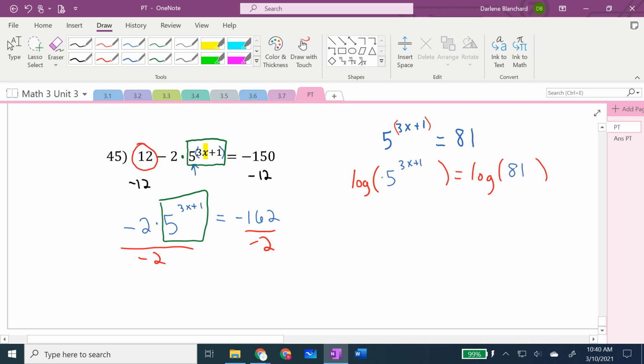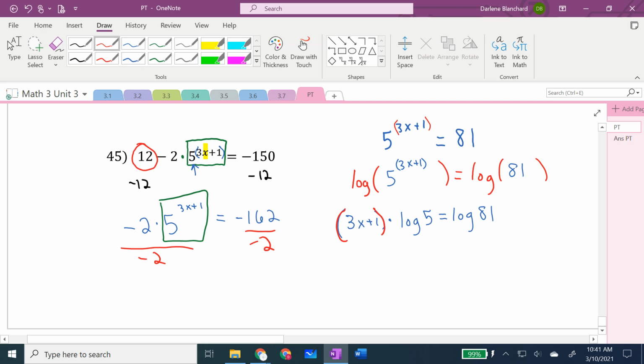Now, the base of this logarithm does not match the base of the exponential, so they don't get to cancel. But I have the rule of an entire exponent can come out and multiply. And when it comes out, it's no longer inside the logarithm, and now I have just the 5 inside the logarithm. And now I want to come back to the fact that this is still a parentheses.